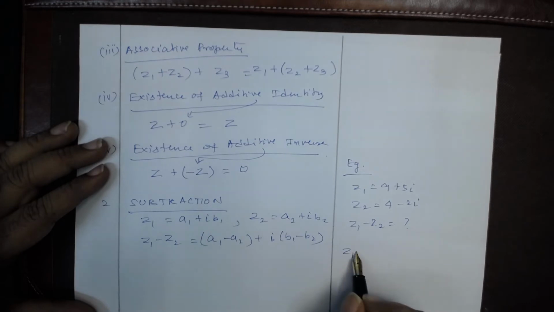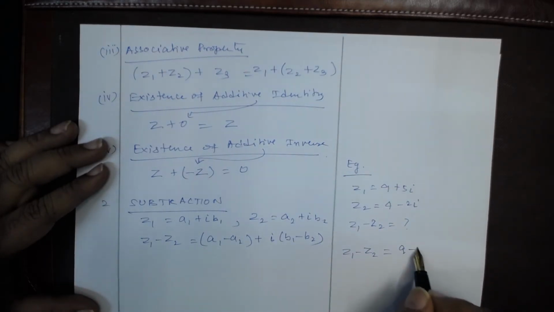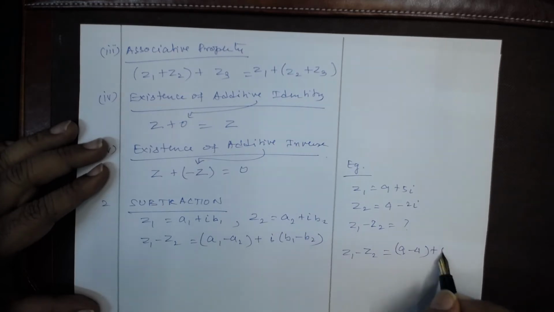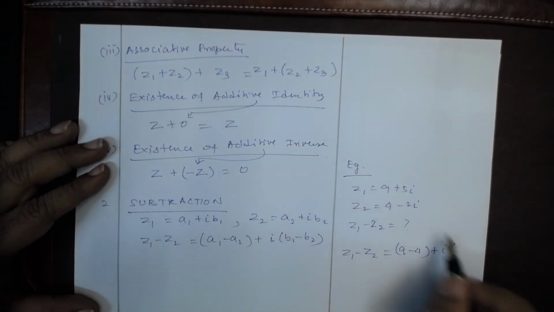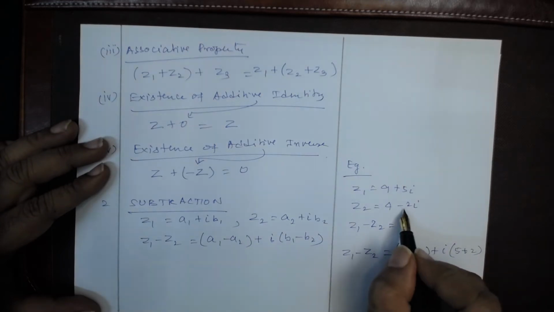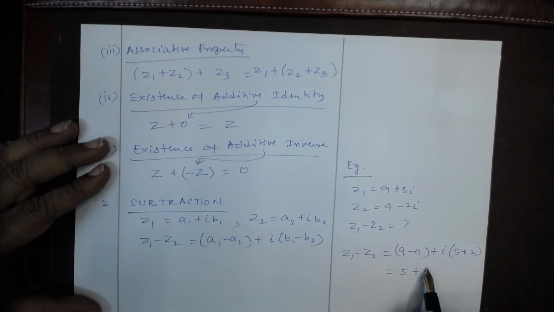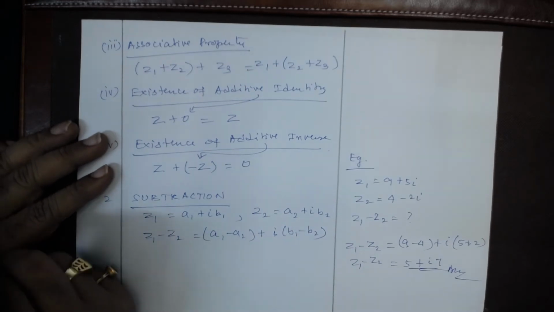So Z1 minus Z2 will be, the real part can be subtracted, plus this part can be subtracted. So 9 minus 4 is 5, and 5 minus of minus 2 is plus 2. You have to be very careful, you got minus here, so minus of minus is plus. So 5 plus i of 7. So this is Z1 minus Z2.